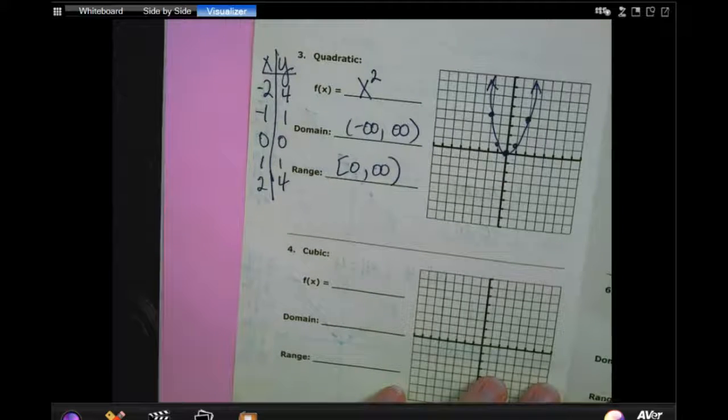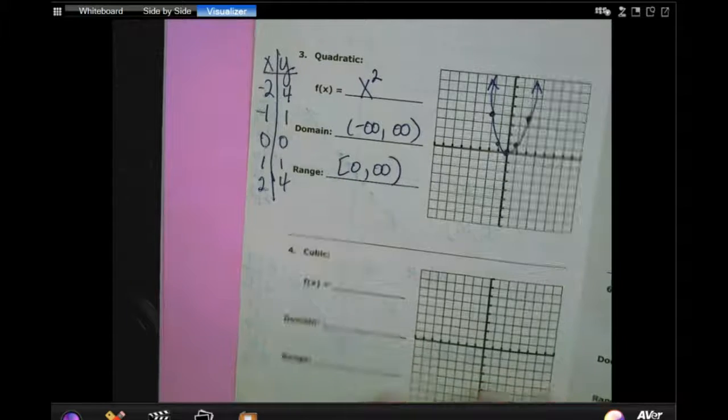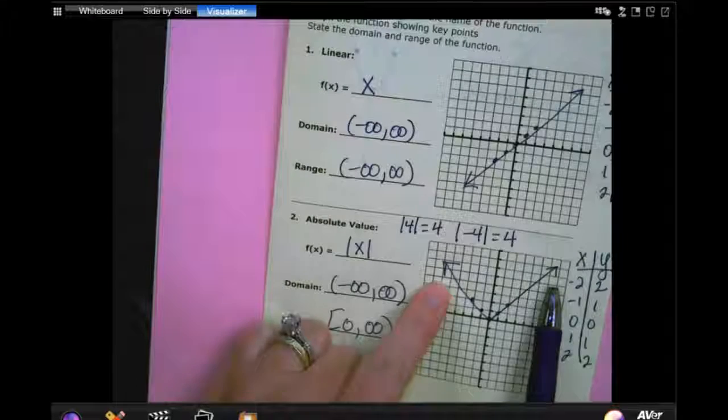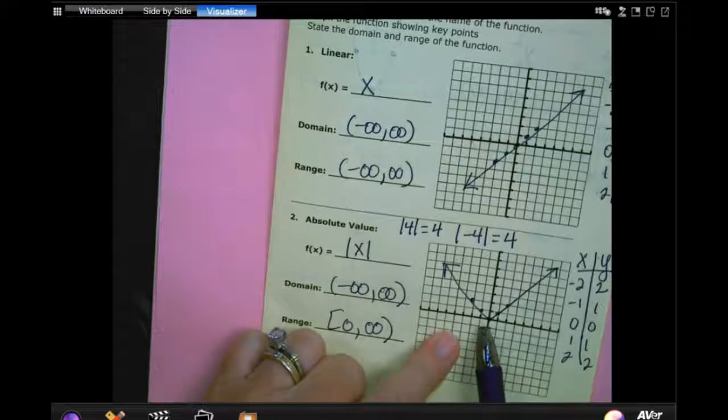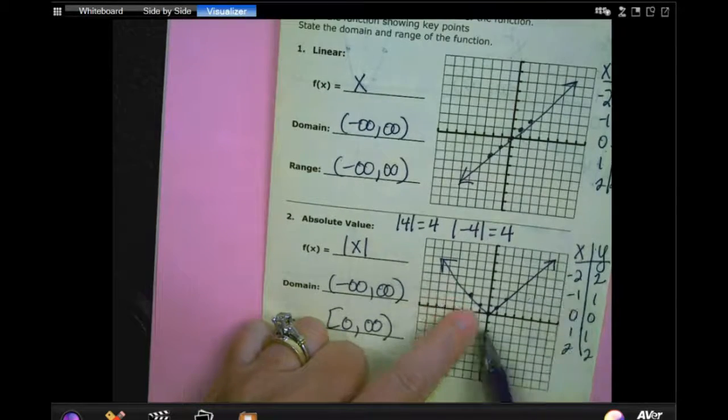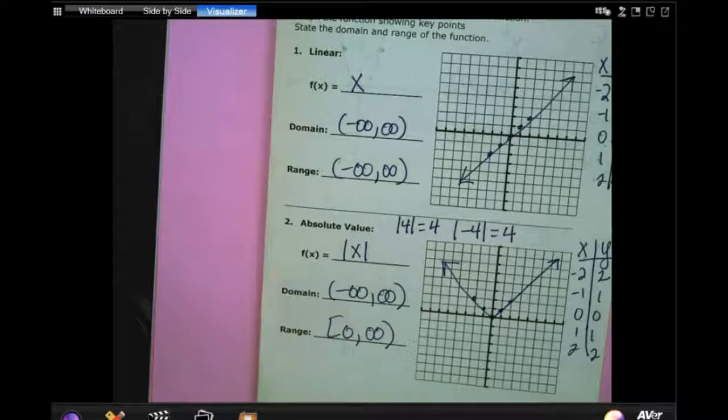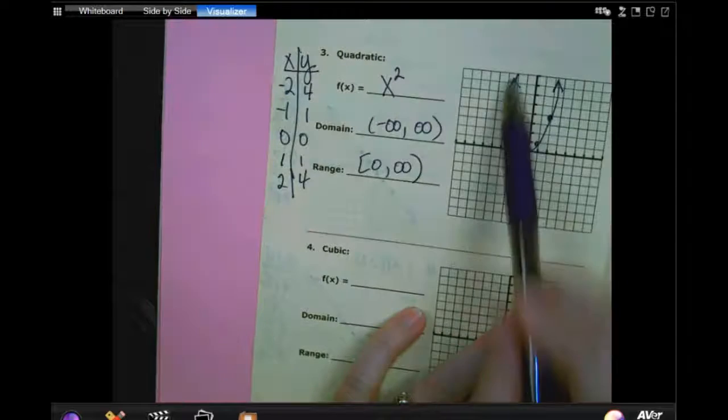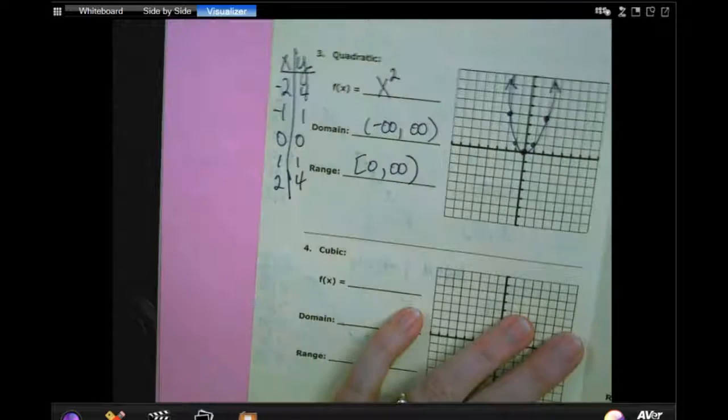So what's the difference between the two? But what about the absolute value? One is a v and one is a u. So the absolute value connects two straight lines, the two parts of straight lines, and the quadratic is the first time you get curves. Okay?